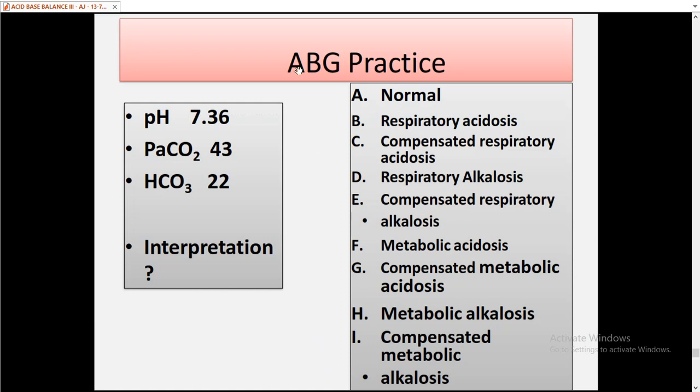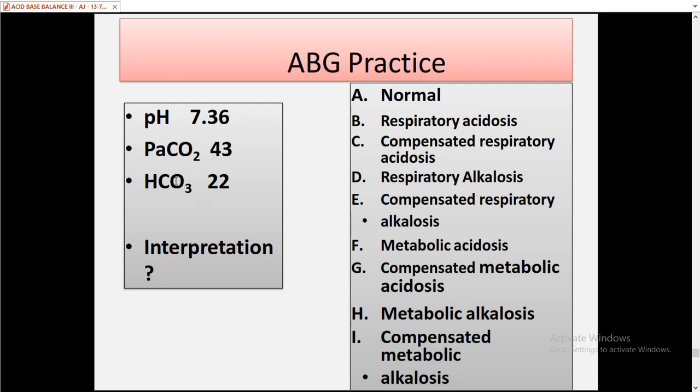These are some practice ABG questions. If you get any scenario or any value in your paper, then you can easily interpret the ABG. You have to first see whether this pH is in the normal range or abnormal range, then see the level of bicarbonate, whether the bicarbonate is disturbed.